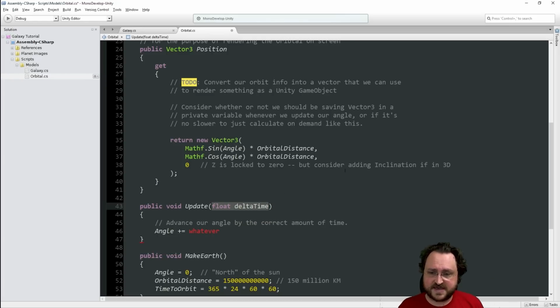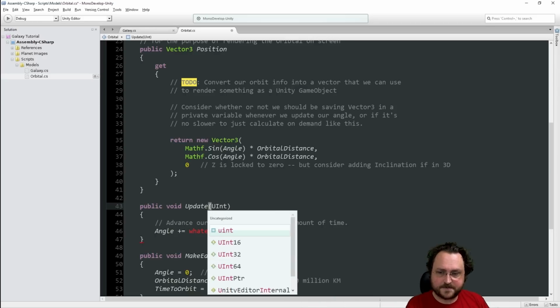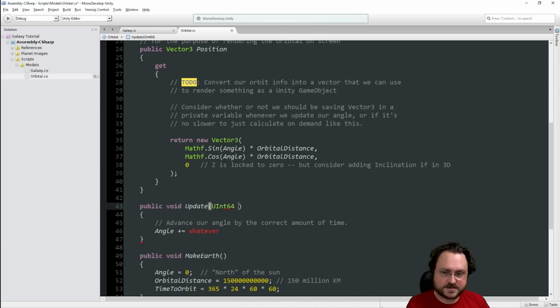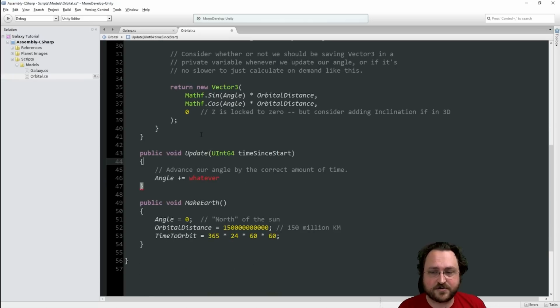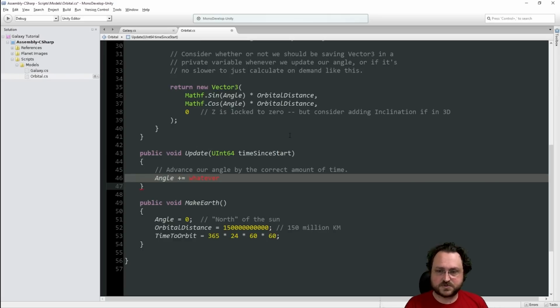What if instead of this, we said our update requires time since start, time since the Big Bang, because there's no reason we can't figure out our angle based on something like that, because we know our speed, right? We know how many orbits we've gotten around.